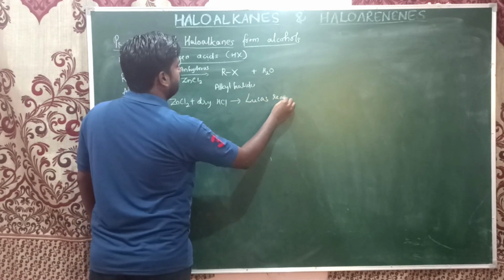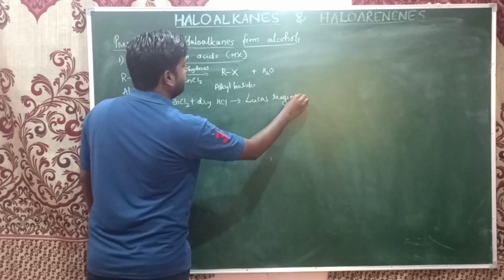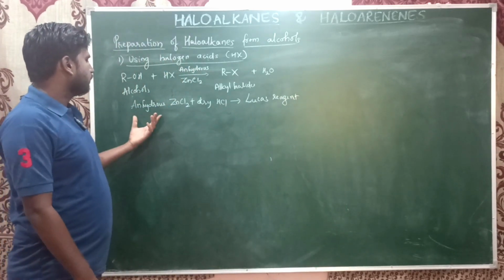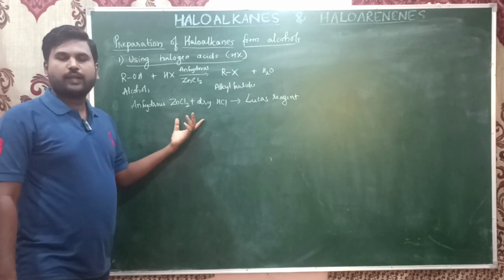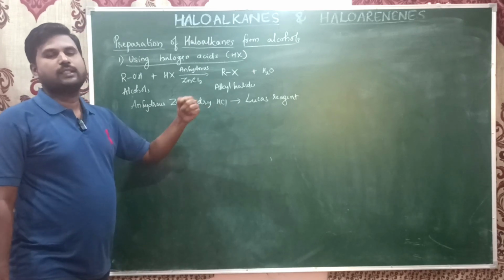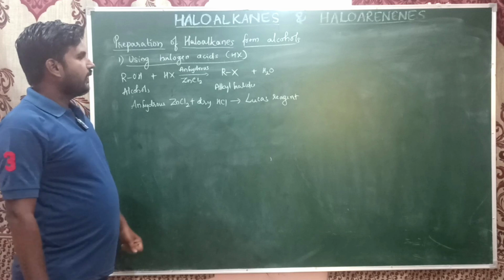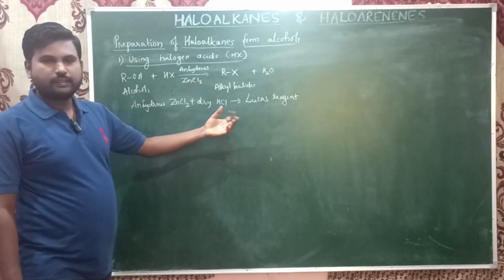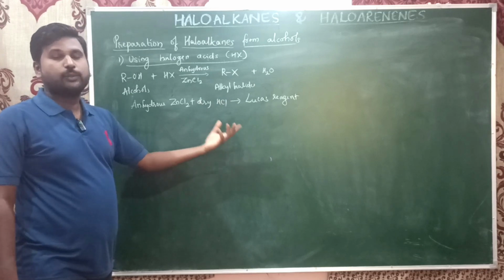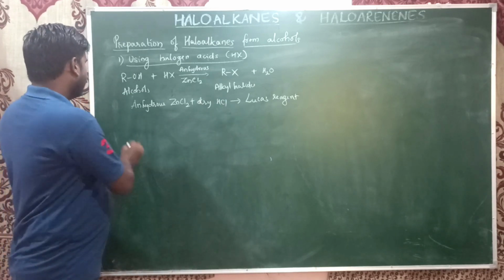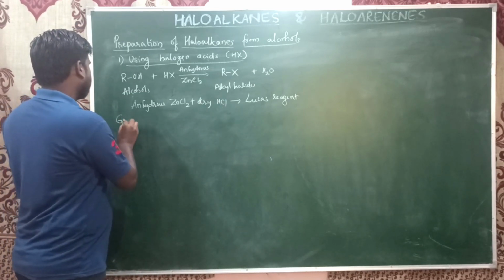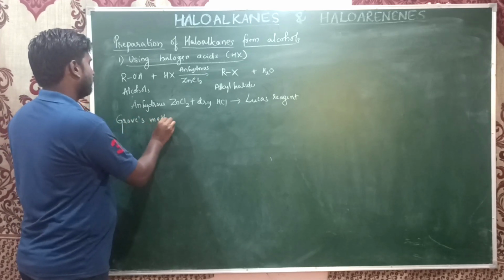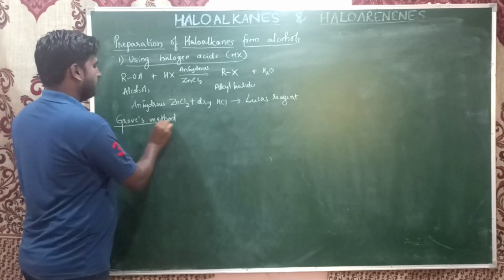This is one of the very important questions for NEET, CET and also in board exams for MCQs. The mixture of zinc chloride and dry HCl is known as Lucas reagent. The conversion of alcohols into haloalkanes using Lucas reagent is known as the Groves reaction, or the Groves method. Groves is again the name of a scientist.